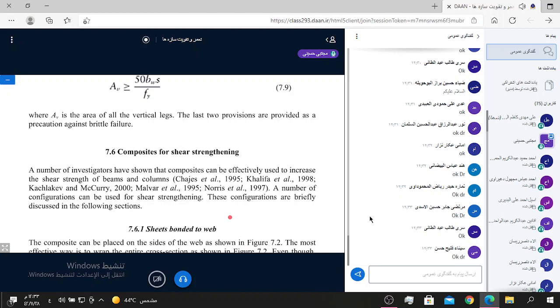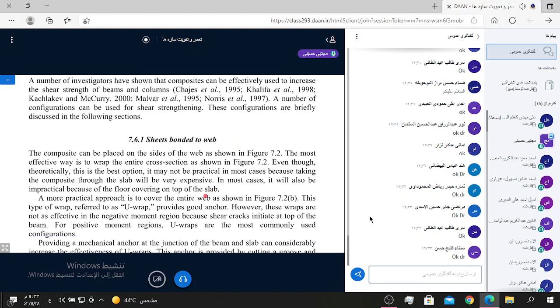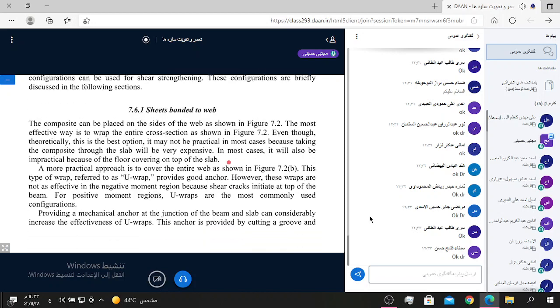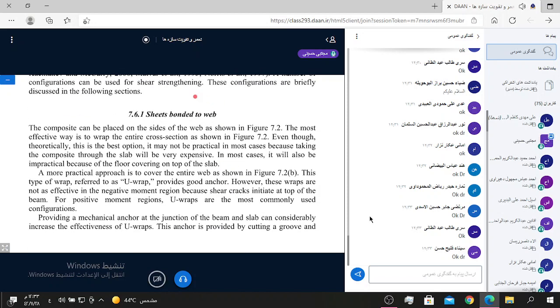And here we study the configurations briefly discussed in the following section, in this part about sheets bonded to the web. This is very important.